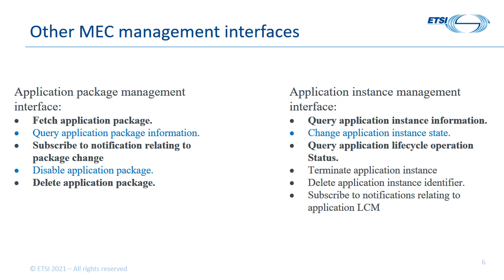The client can query the status of a long-running application lifecycle management operation. For example, instantiating an application instance may take a few minutes. During this procedure, the client can get the status of this operation: whether it is in processing or completed status.